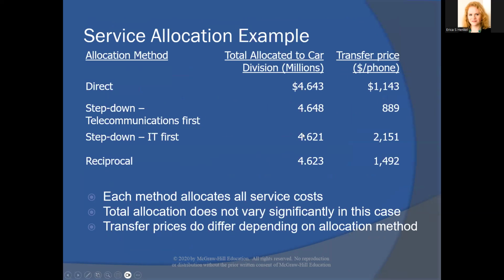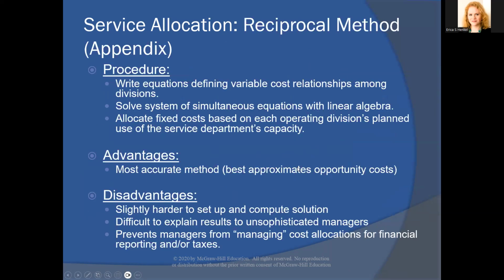We could do it, but with the amount of time we have to allocate here and the fact that you guys are not going to actually be doing this, the reciprocal method is probably the most accurate method to make sure everybody gets their approximate equal parts and none of the departments goes uncharged for the other department's expenses. But the math is too complex for the scope of this class.